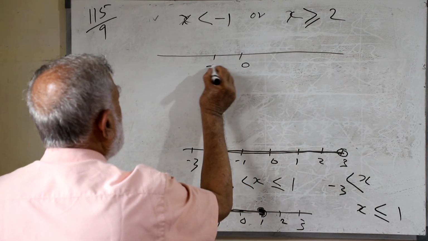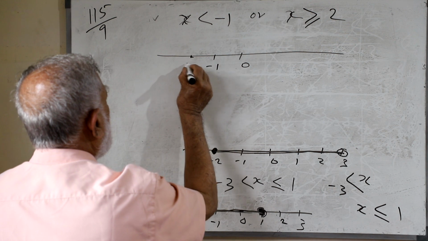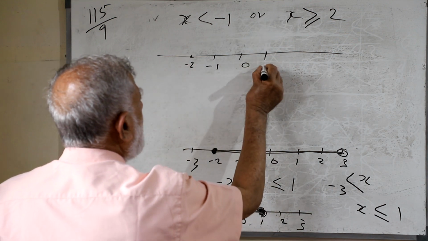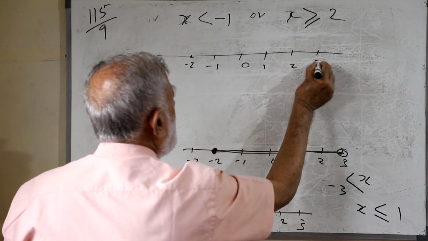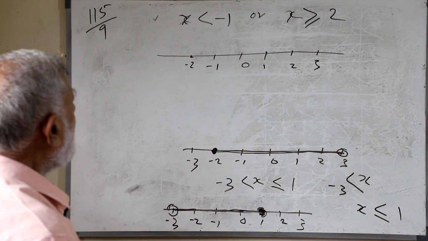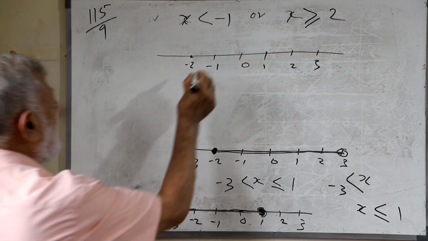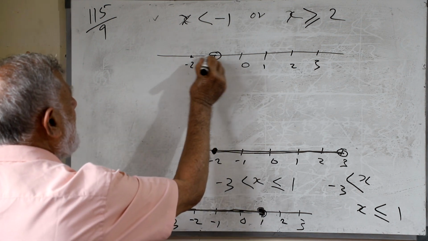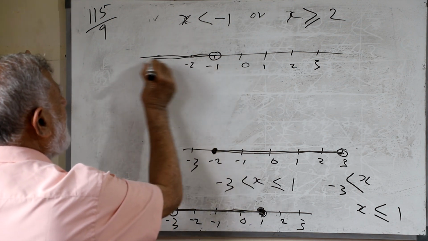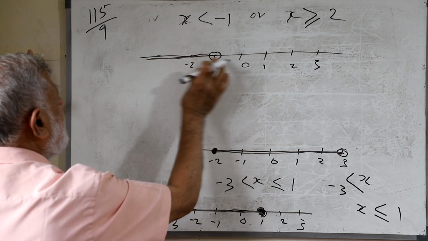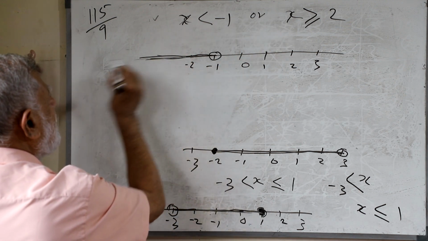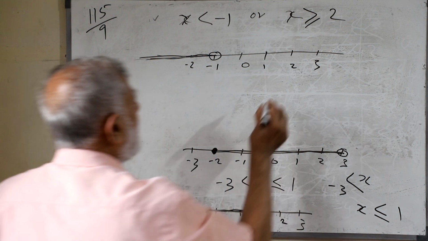0, -1, -2 going on like that, 1, 2, 3 like that. So, x is less than -1, less means this side. So, less than -1 will be here and coming on this side. That is why they have given it like this. x is less than -1 and x is greater than or equal to 2.